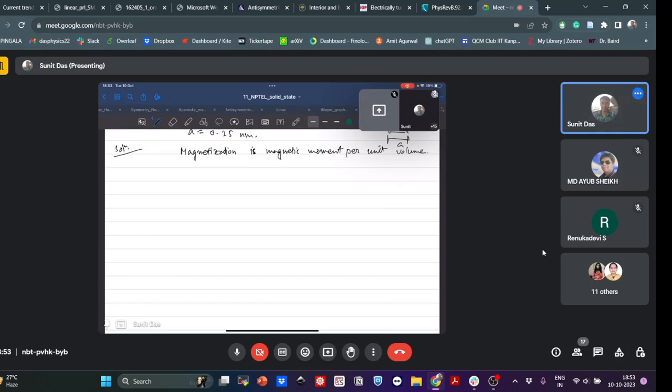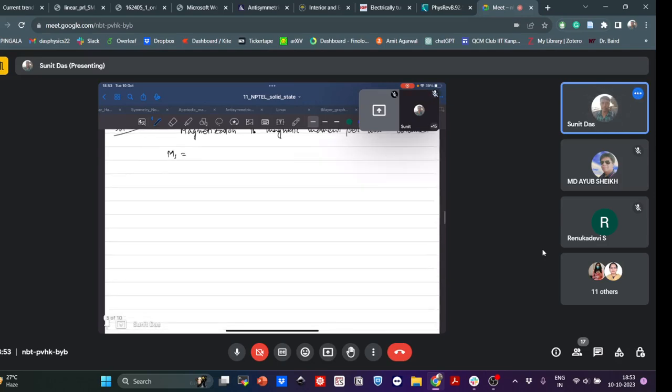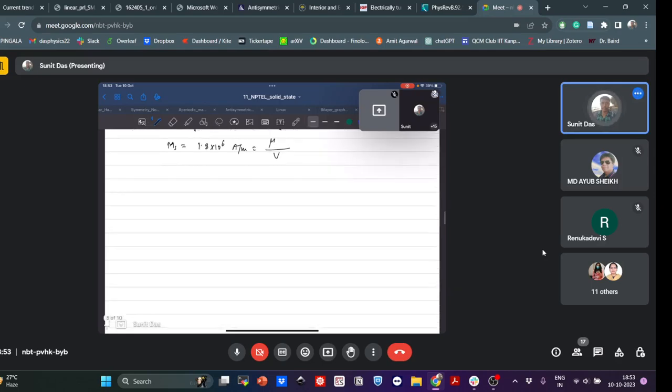Okay, so given that Ms is 1.8 into 10 to the power 6 ampere per meter. So this will be the total magnetic moment per unit volume. Okay, so what will be the volume for our system? Volume is simply a cube because it is a body centered cubic cell. So 0.25 into 10 to the power minus 9 meter, cubed, right? This is in meter cube.